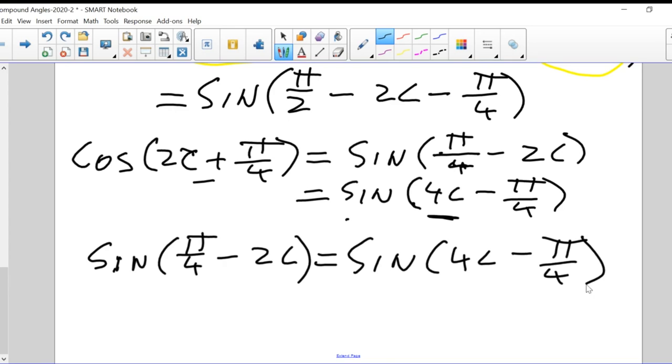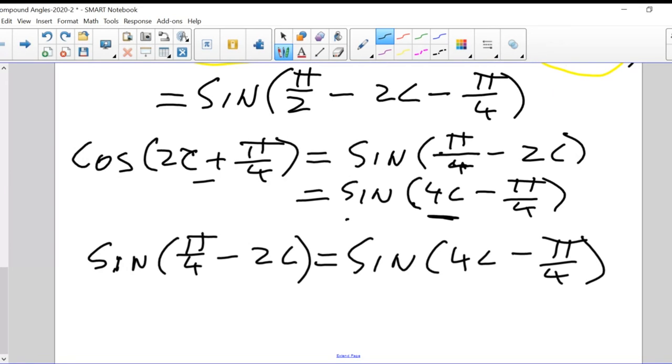All these three things are equal. So if they're all equal, then I can now make these two things that are sines equal to each other. Does that make sense, everybody, so far? Let me know if I made any mistakes as well.